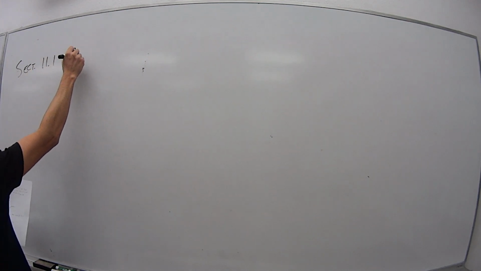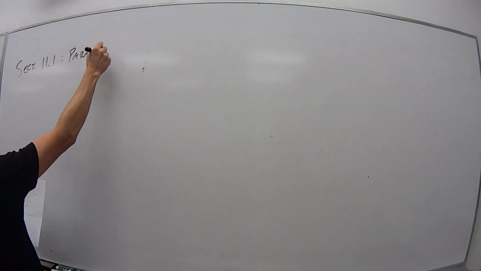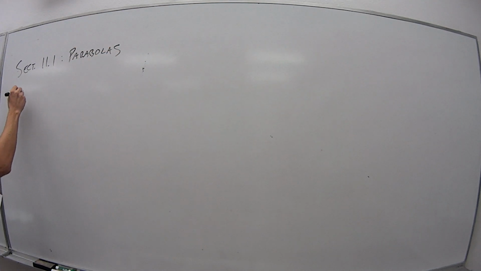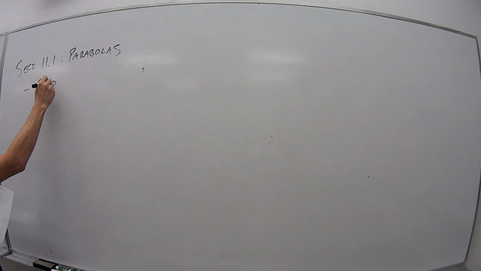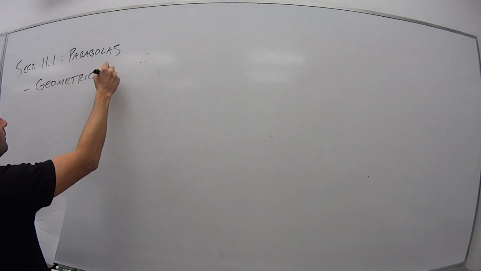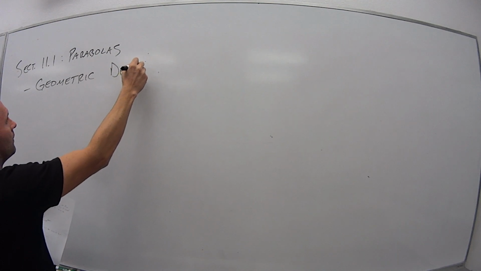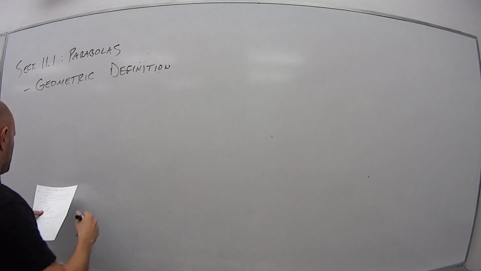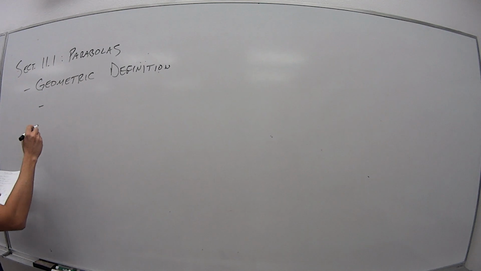So the first thing we're going to do in 11.1 with regards to the parabola is the geometric definition. So for a parabola, we have the following.